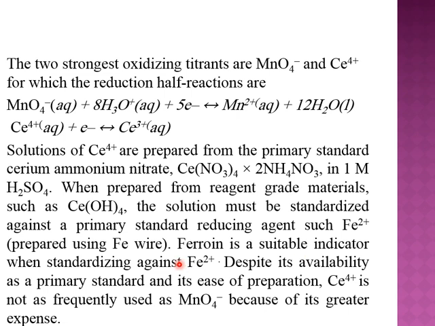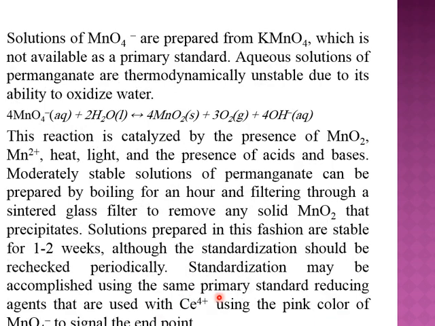Ferroin is a suitable indicator. Cerium is available as a primary standard, but it is not popular because it is more expensive compared with permanganate. In oxidation reduction we mainly use permanganate because it is available, cheap, and self-indicating, but it has some problems in stability.